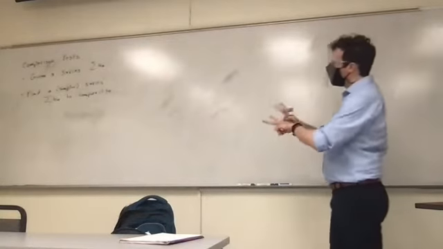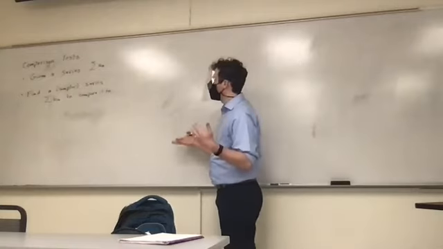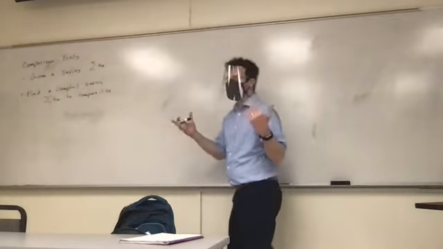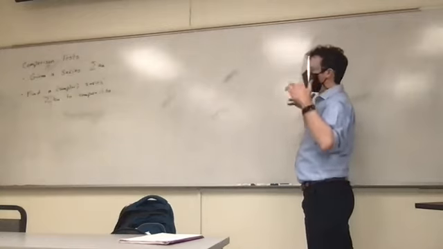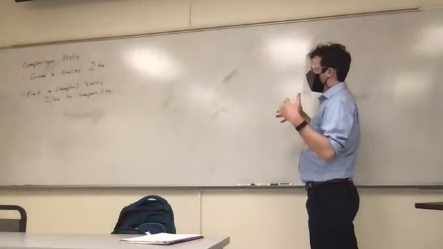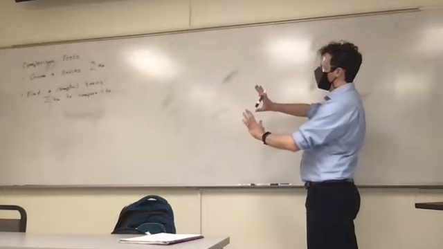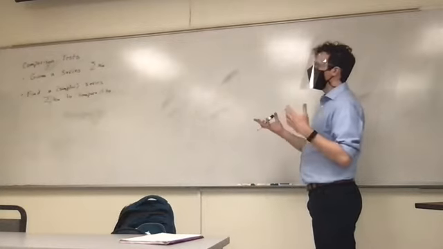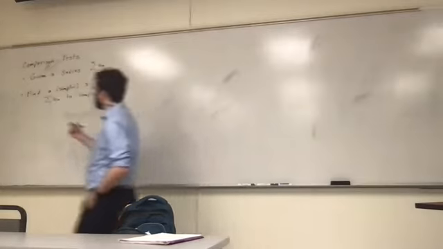Then where things split up is there are two different comparison tests, and so you need to actually do this comparison. There's something you need to check or find which says the series I started with and the series that I've come up with, they are comparable in some useful way.